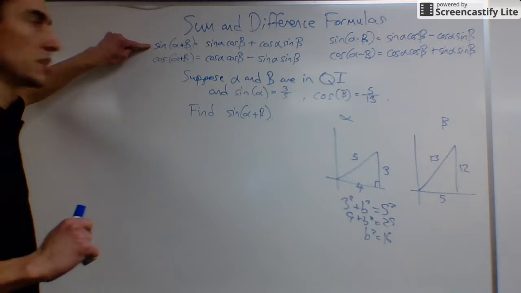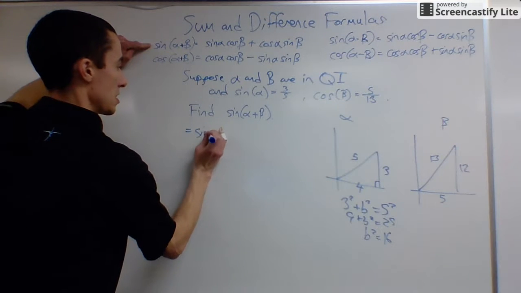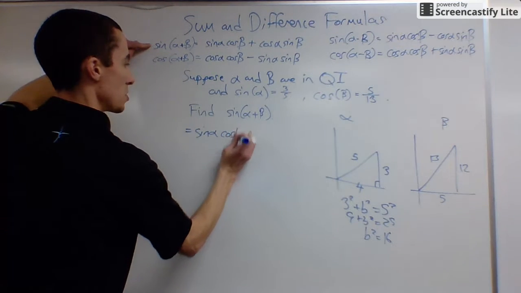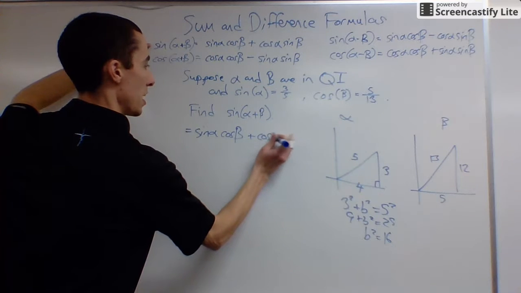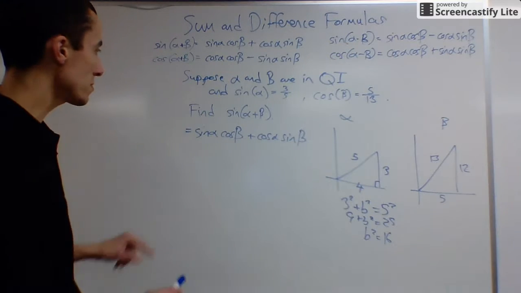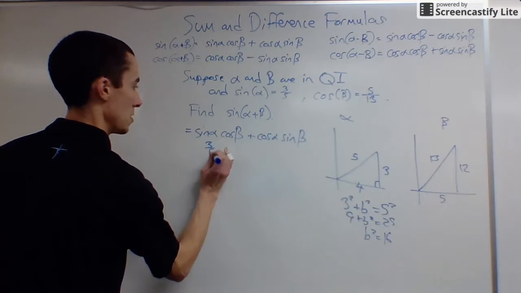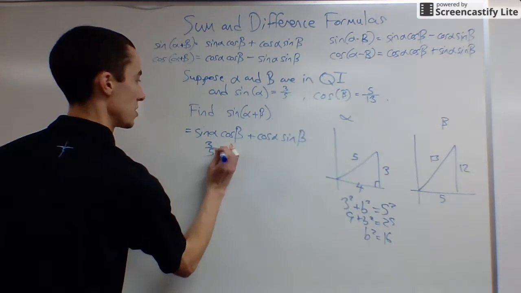Let's use the first sum formula. So this will equal the sine of alpha times cosine beta plus cosine alpha sine beta. The sine of alpha is 3/5. Cosine beta is 5/13.